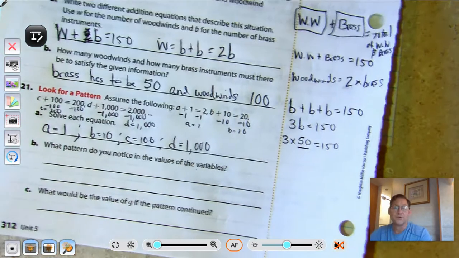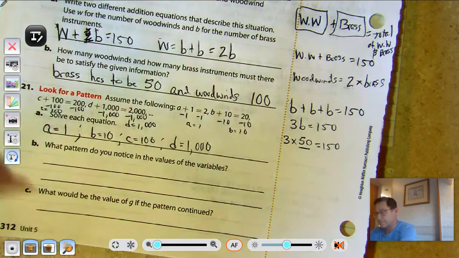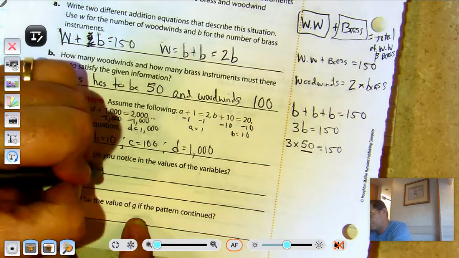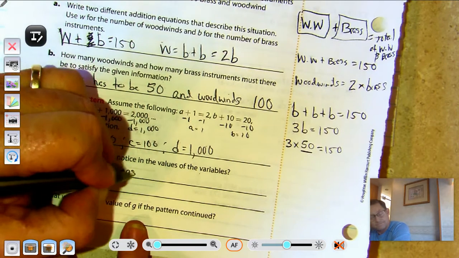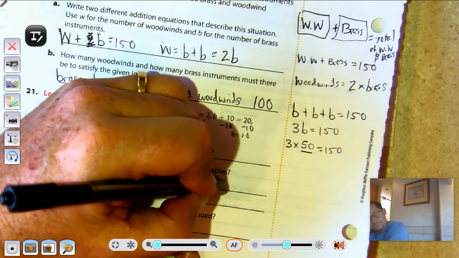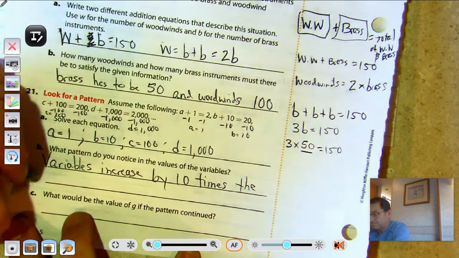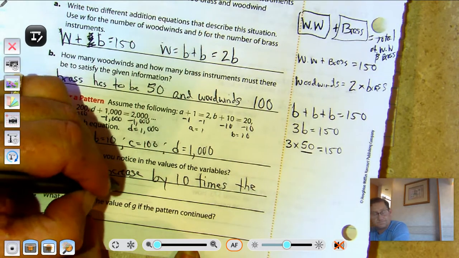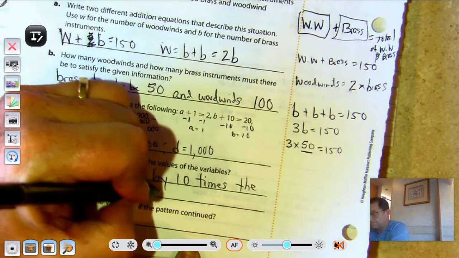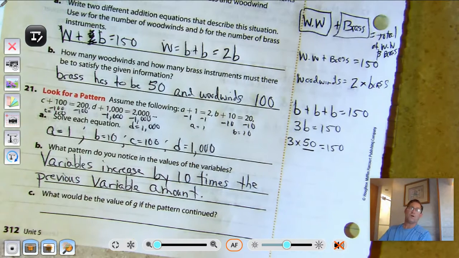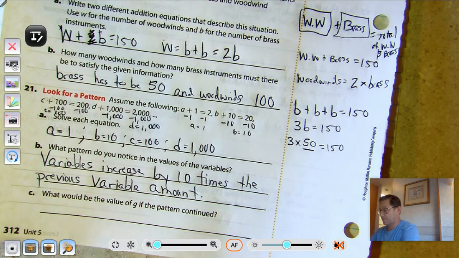What pattern do you notice? Okay, and what would be the value of G if the pattern continued?